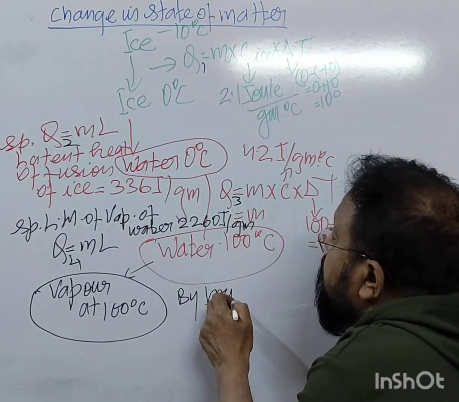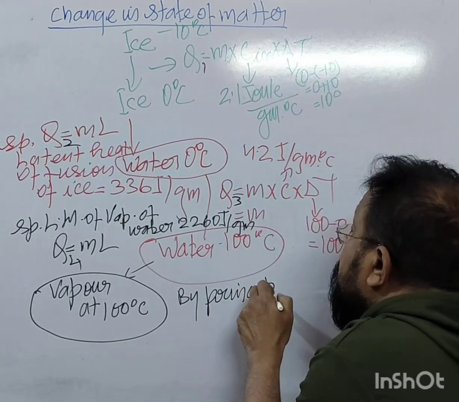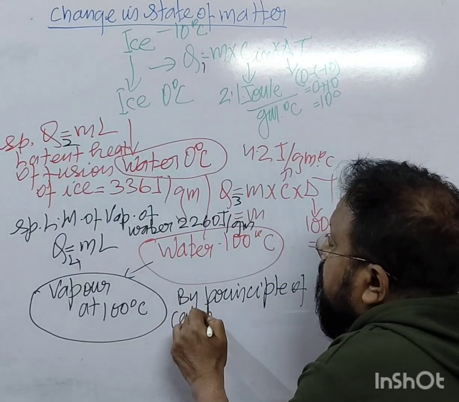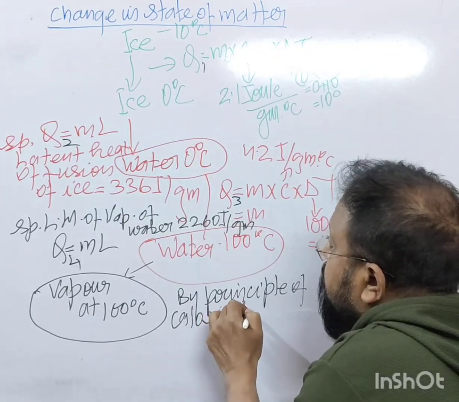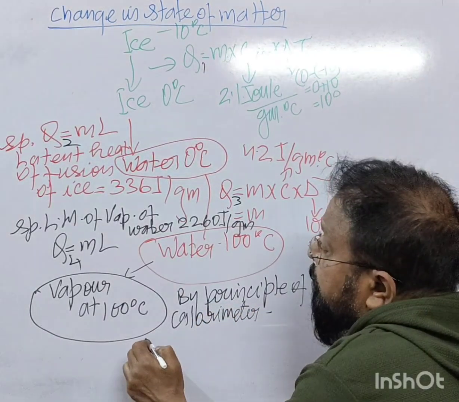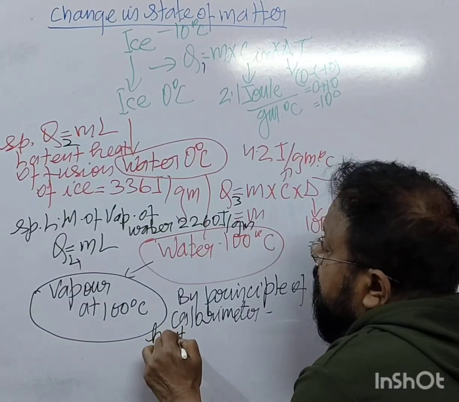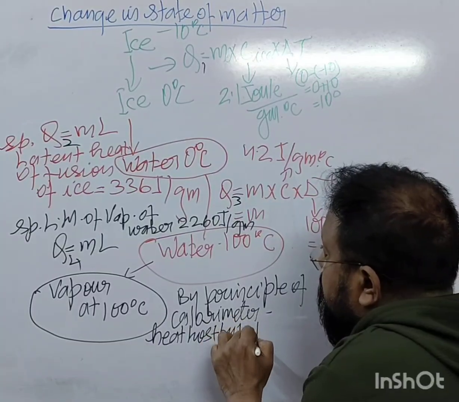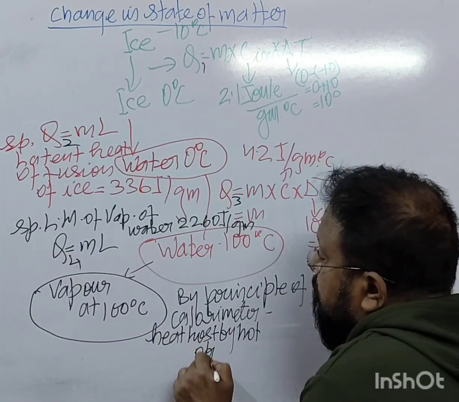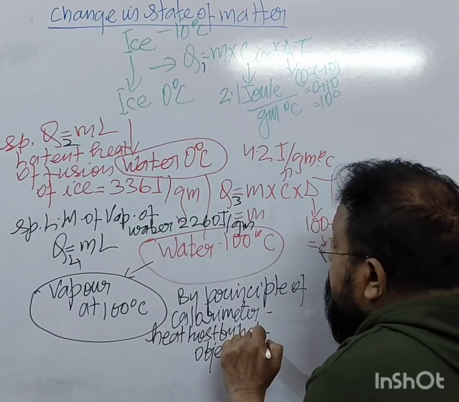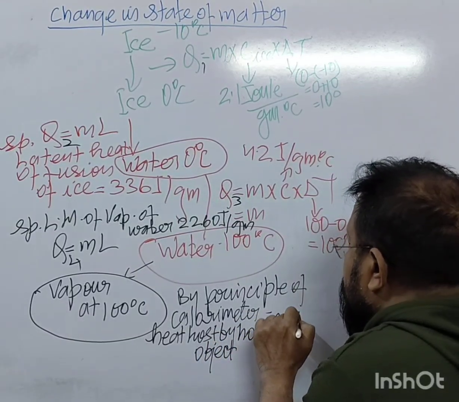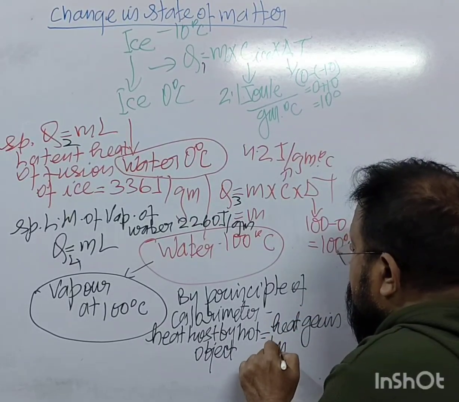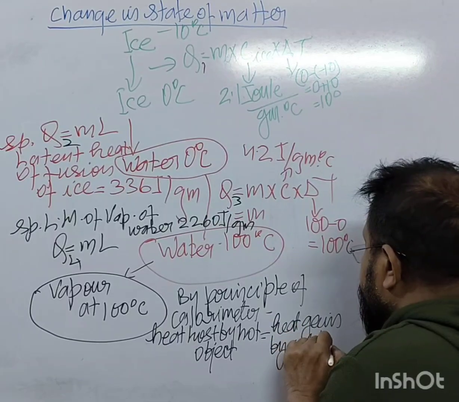principle of calorimeter, heat lost by hot object is equal to heat gain by cold object.